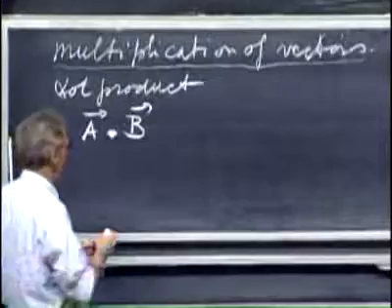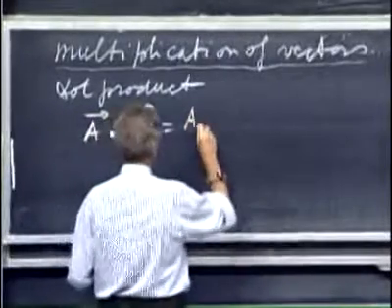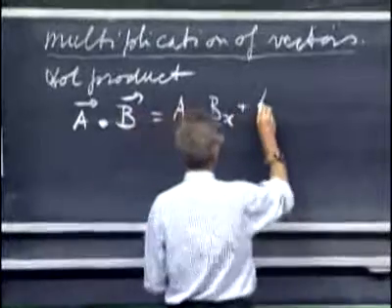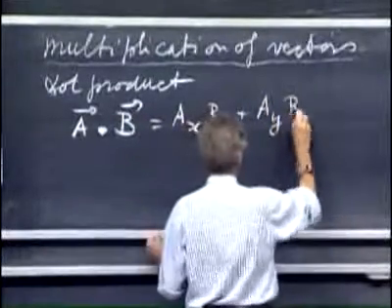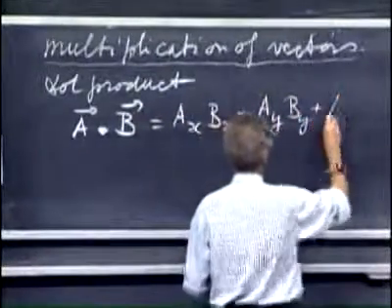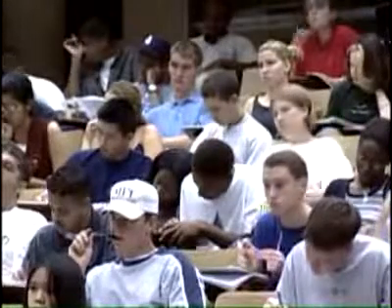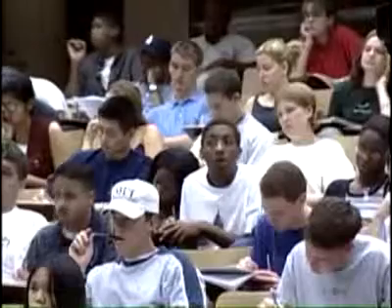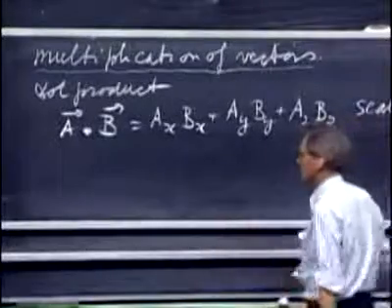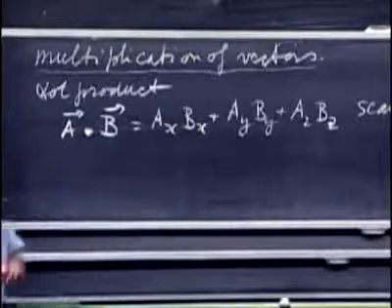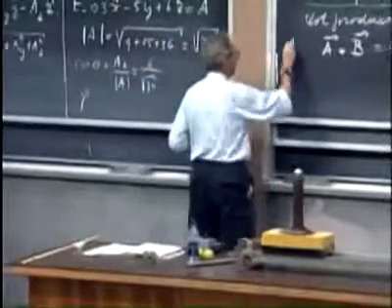And that's defined as it is a scalar, A of x times B of x, just a number, plus A of y times B of y, that's another number, plus A of z times B of z, that's another number. It is a scalar. Has no longer a direction. That is the dot product. So that's method number one. That's completely legitimate, and you can always use that.